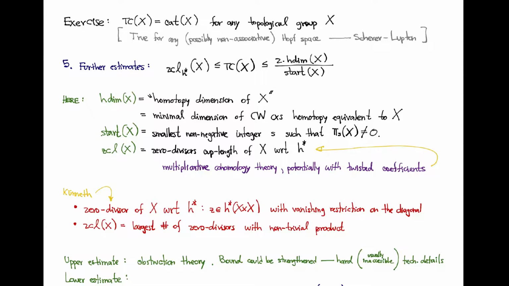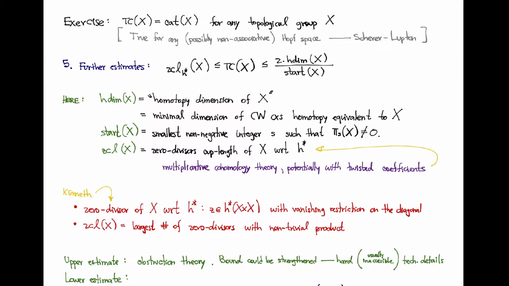This is the homotopy dimension, the dimension of the smallest CW complex having the homotopy type of X. And I call the start of X the first dimension where X has homotopy information, namely the first dimension where the corresponding homotopy group of X is non-trivial, the first non-negative dimension.